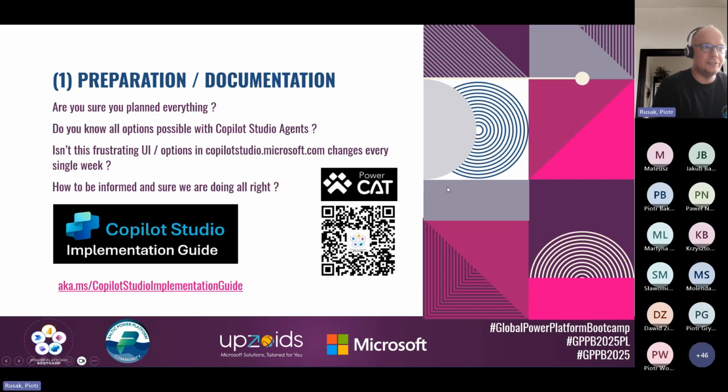Here I have a logo of a very talented group of people gathered in Microsoft. They call themselves the PowerCAT Team. Probably everyone has already heard about them. They are dedicated to helping big Microsoft customers adopt Power Platform solutions.